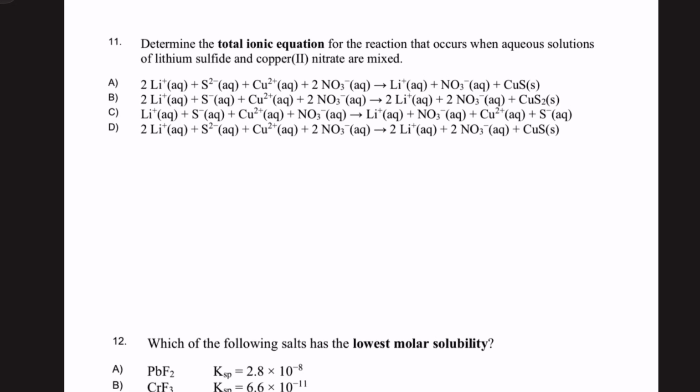All right, question 11. Determine the total ionic equation for the reaction that occurs when aqueous solutions of lithium sulfide, so this is Li2S, lithium sulfide, and copper 2 nitrate are mixed.